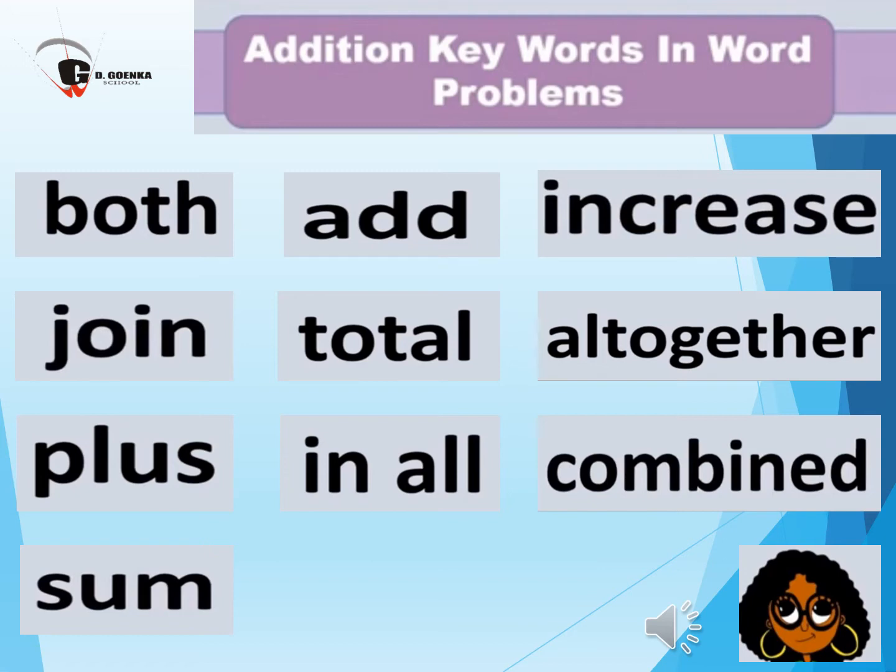First is both, then add, increase, join, total, all together, plus, in all, combined, and sum. So kids, when you see these words in the given problem, it will help you to understand that in the given problem we'll have to do the addition.